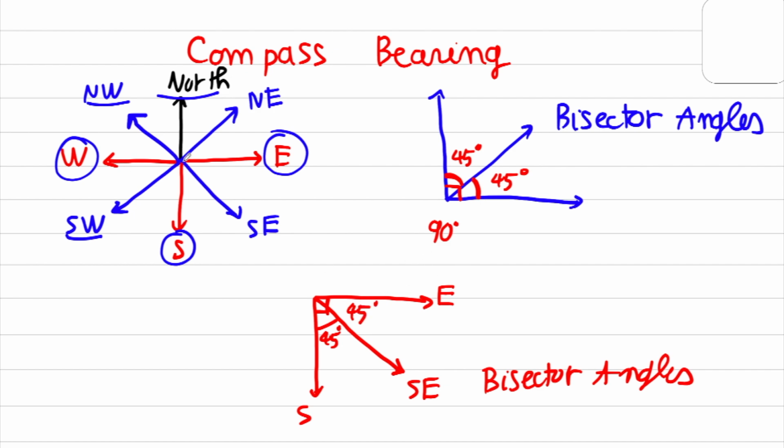The same for this one, this angle is 45 degrees. This one is 45, this is 45 degrees, this one also is 45, and the last one is also 45 degrees.